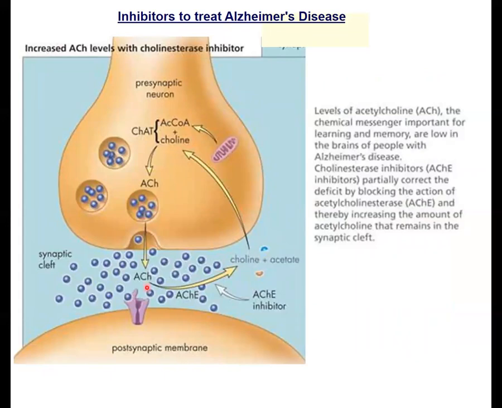We can see that happening here. There's the acetylcholine being released from the presynaptic neuron. It travels across to the receptor, and then normally it would be broken down and move back into the presynaptic neuron. But here there is an inhibitor. The drug inhibits the enzyme that breaks down the acetylcholine, and that allows the acetylcholine to build up in the synaptic cleft.